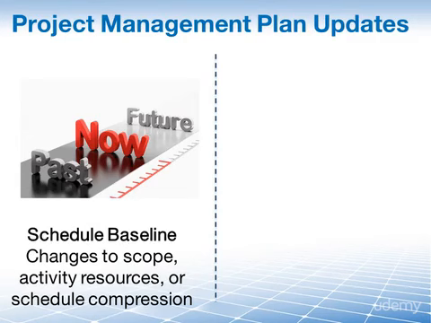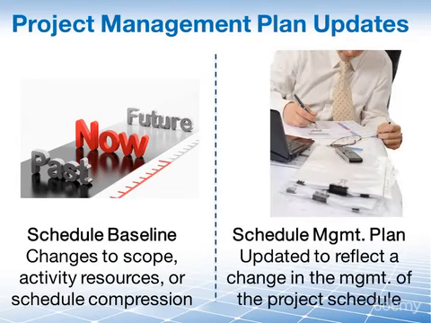And then second, we may need to update the schedule management plan to show a change in the way that the project schedule is managed. A simple example we have just heard on the previous slide, where we talked about changing the frequency of our review meetings. Of course, in the end, that has to be documented in our schedule management plan.